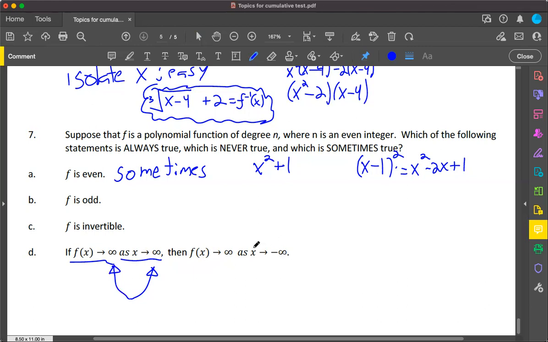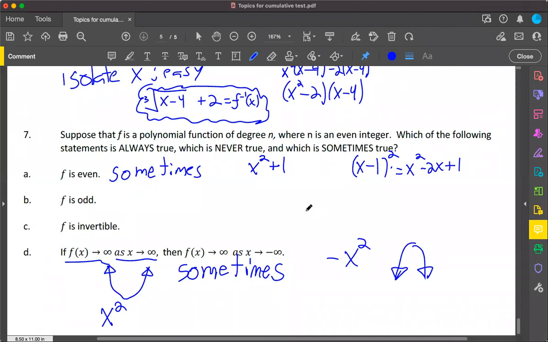Well, even exponents don't always open up. So I'm going to say sometimes true. Because, for example, if you get positive x squared, yeah, it looks like that. But if you get negative x squared, that flips the end behavior. And those are conflicting. Those are not the same thing. Makes sense?